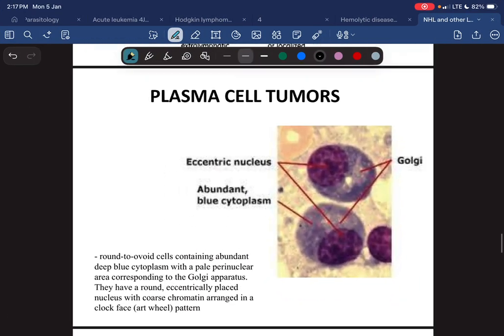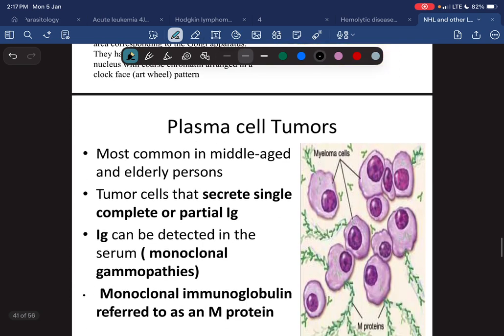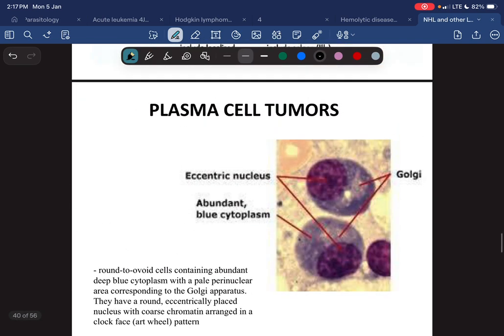Plasma cells are differentiated B cells secreting immunoglobulins responsible for what? For the humoral adaptive immunity. Okay? And morphologically, the plasma cells are round with an eccentrically located nucleus to the side and what?